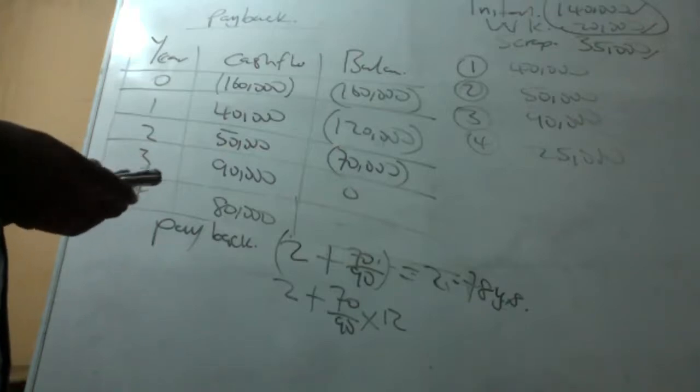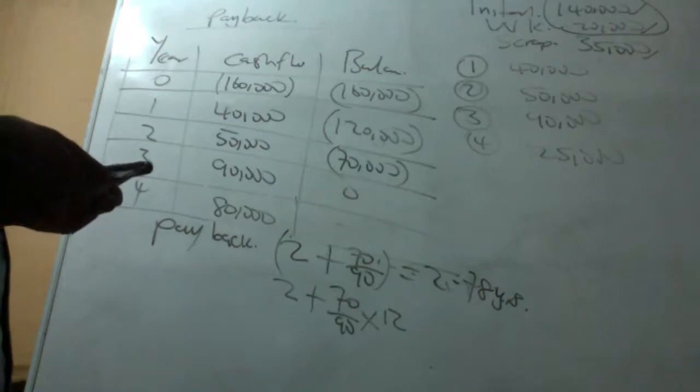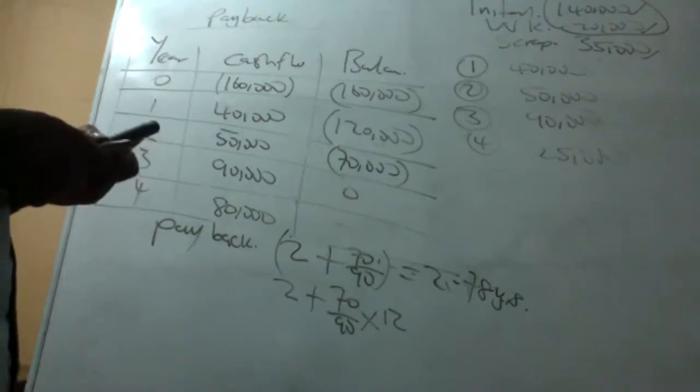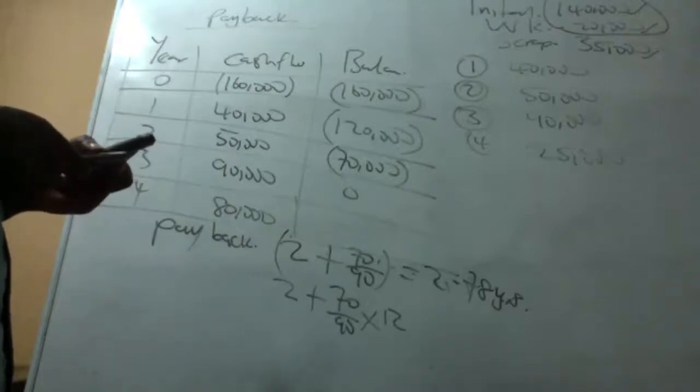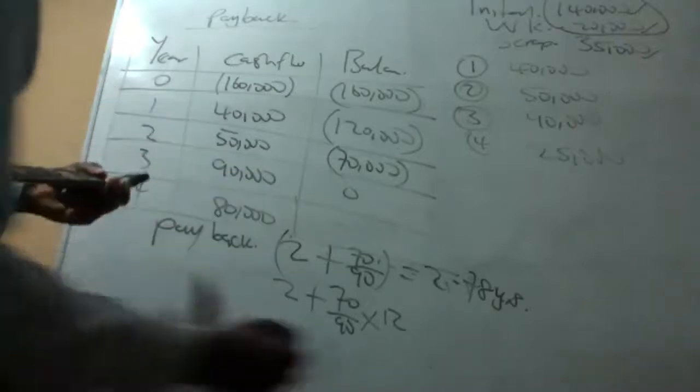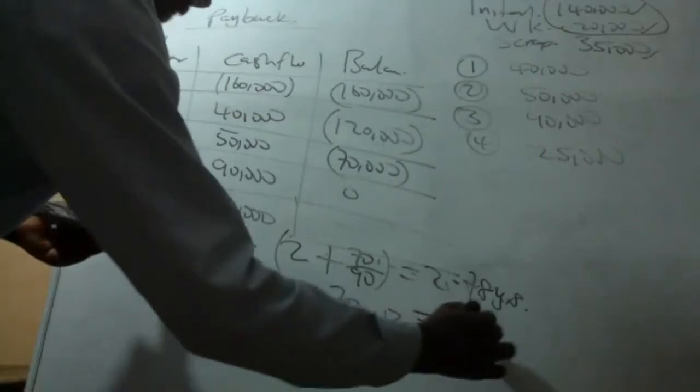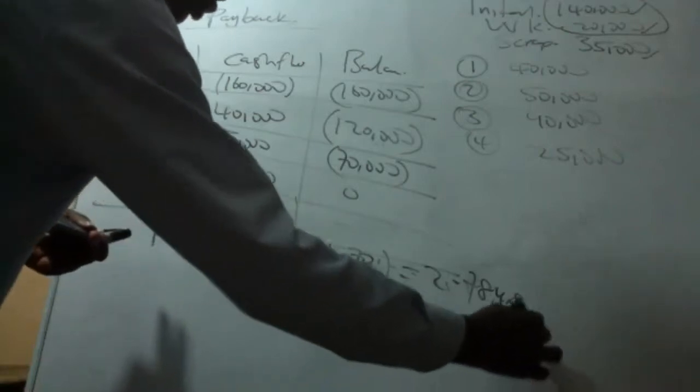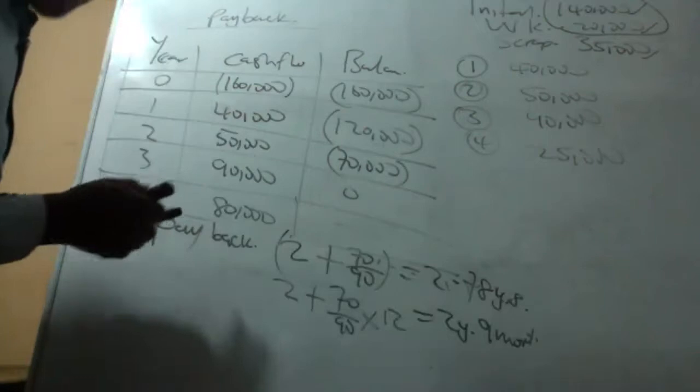So times what? 12. So 9. So to be 2 years, 9 months. Good. 2 years, 9 months.